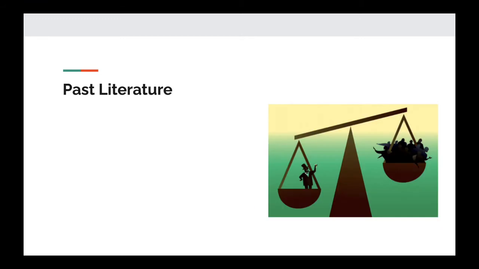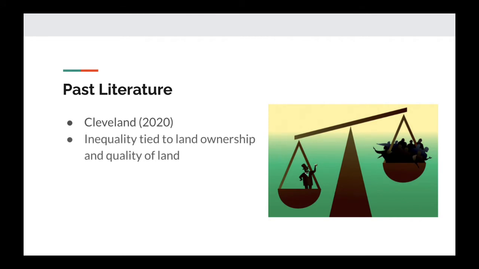So some of the past literature on this topic. First off, we have Cleveland. This paper looks at inequality tied to land ownership and the quality of land. So the wealthy are going to own a higher majority of land.